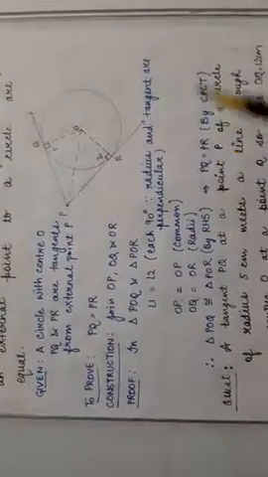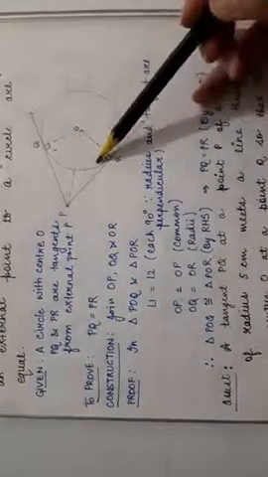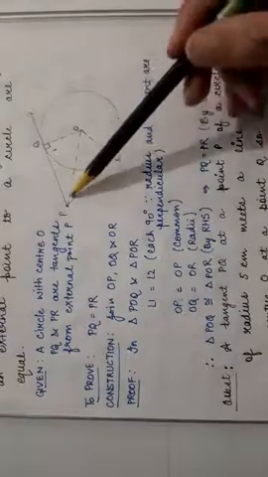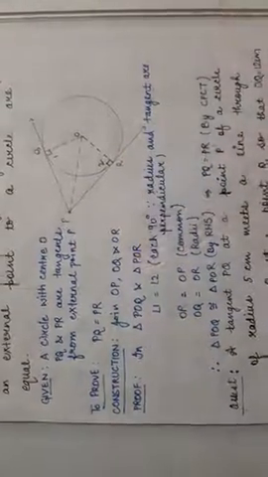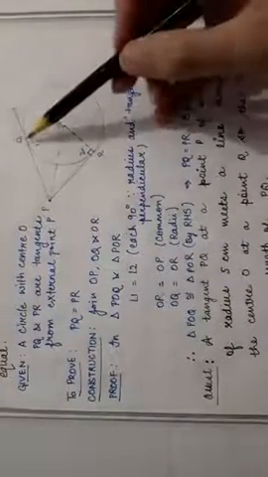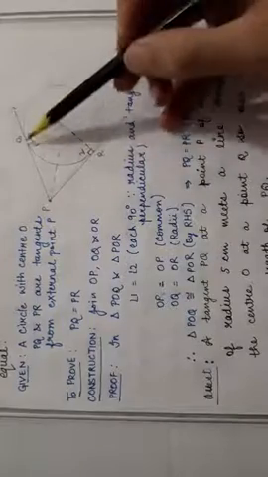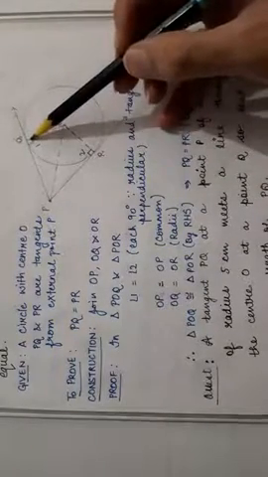For this, we have a very simple proof. We are just going to join OP, OQ and OR. When we join them, we have two triangles with us. That is POQ and POR. We'll try to prove these two triangles congruent. See, angle 1 is equal to angle 2. Why? Because OQ is radius and PQ is tangent. Radius and tangent are perpendicular. We've already studied. That means angle 1 equals 90 degrees.